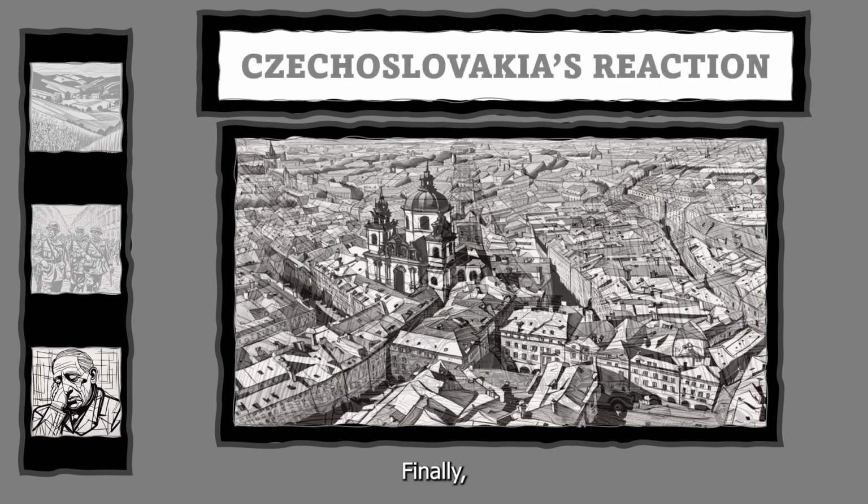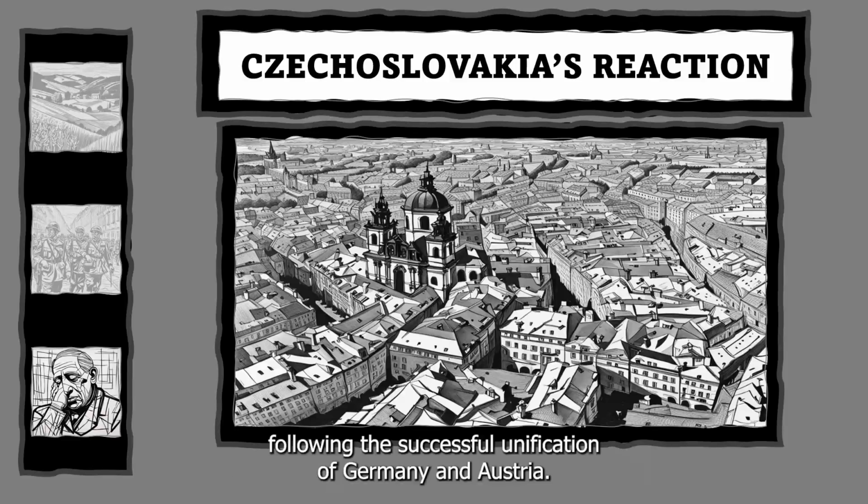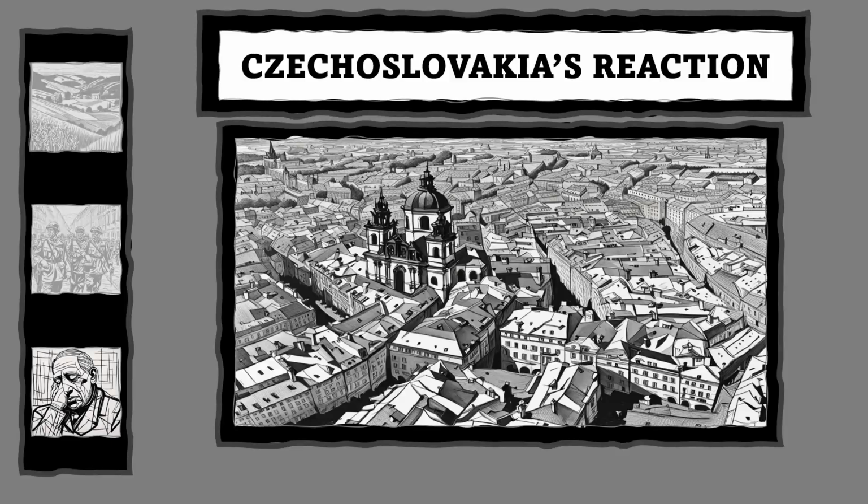Finally, it is worth considering the reaction of Czechoslovakia following the successful unification of Germany and Austria. This is because Czechoslovakia was now surrounded by Nazi-occupied territories on three sides. It was blatantly obvious, therefore, that Czechoslovakia would be Hitler's next target.